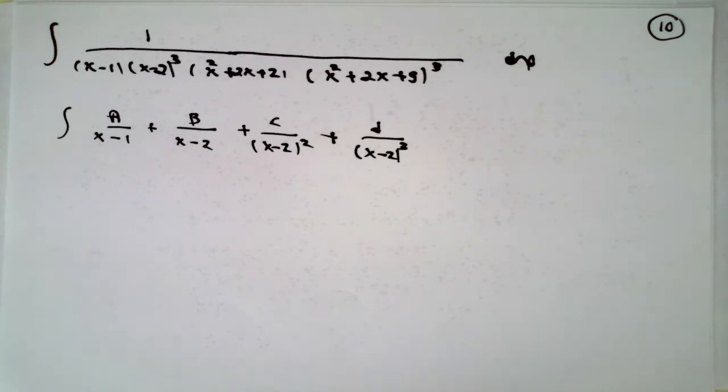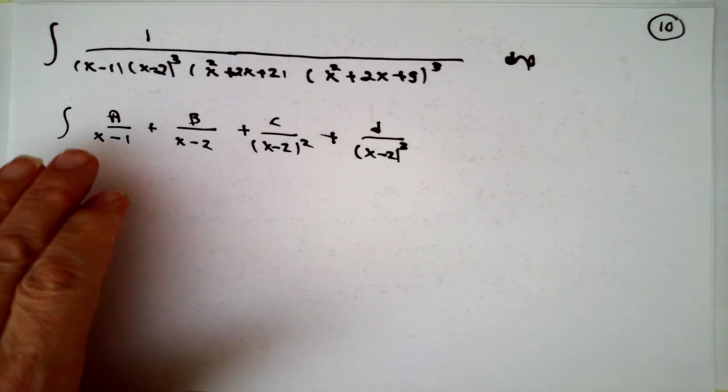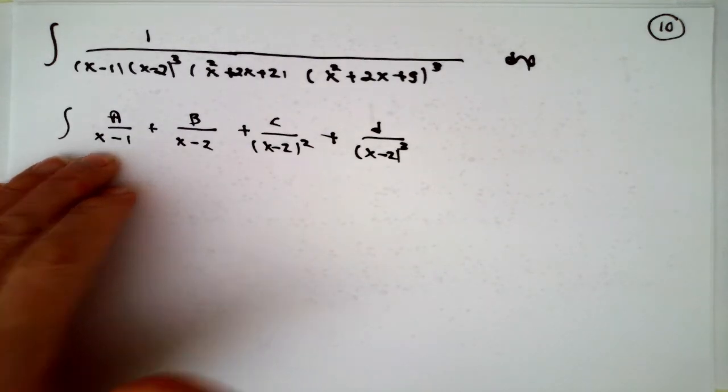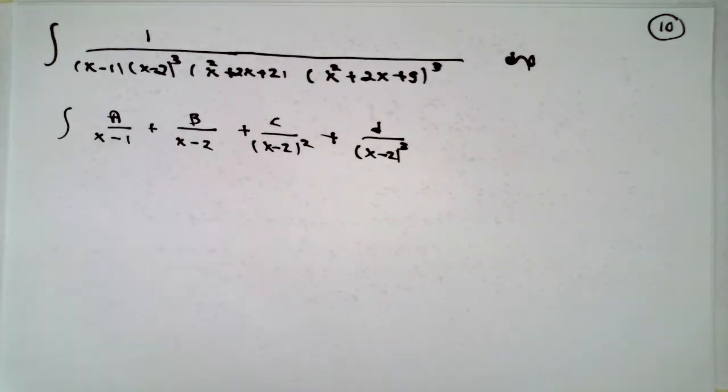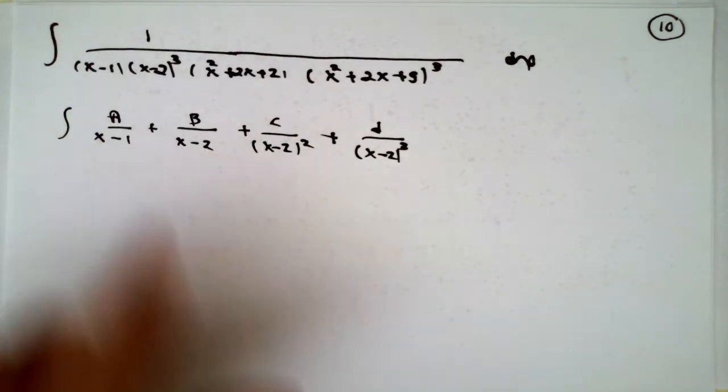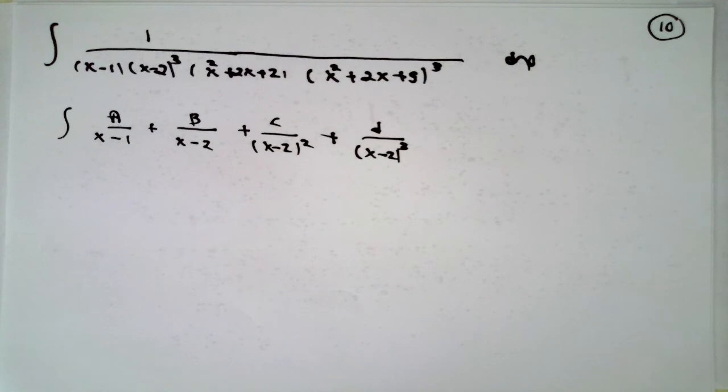If I had only the distinct linear factor x minus 1, this would be the end of the story. If I had only a factor of x minus 1 and a factor of x minus 2, the first 2 terms would be the full story.